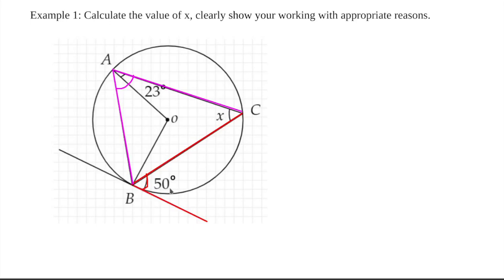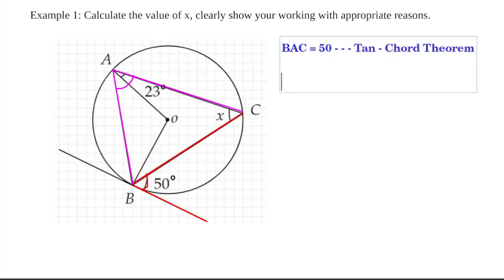That's just the chord theorem. Let's write that angle BAC is equal to 50 degrees. Reason: chord theorem. Next, remember we are required to find the value of x.